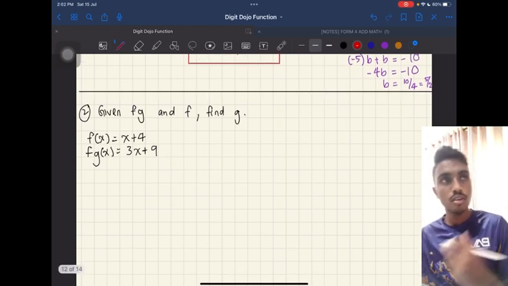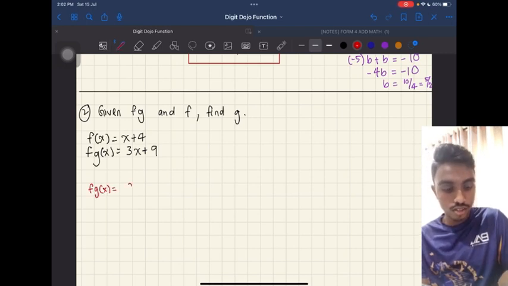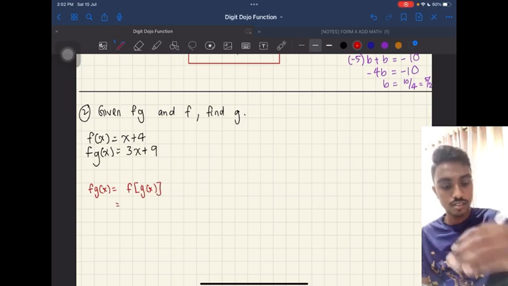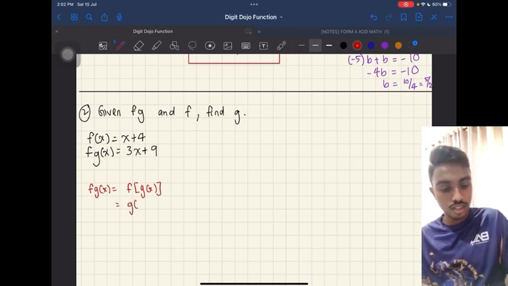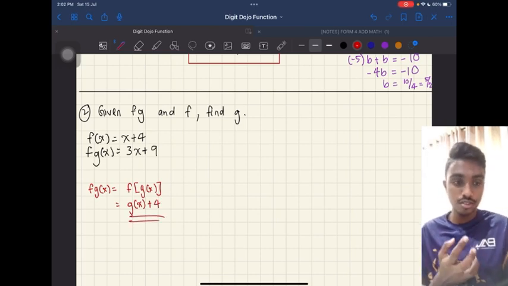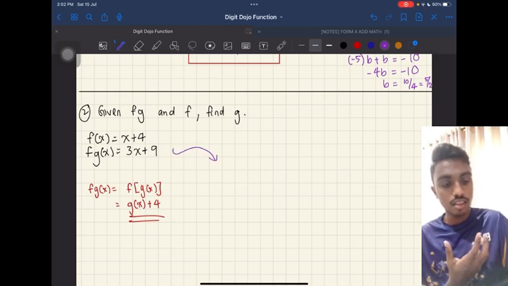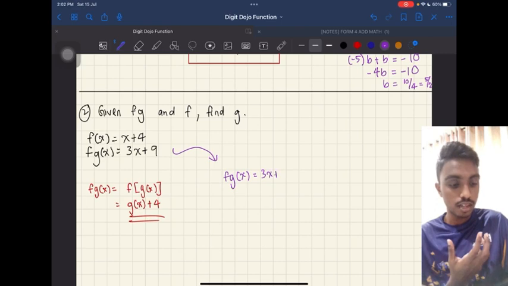When you're having f(x), you can make your own fg(x), which is to substitute g(x) in your f(x), which you'll get g(x) plus 4. Okay, this is your fg(x). You have made your own fg(x), but in the question they give fg(x) is 3x plus 9.